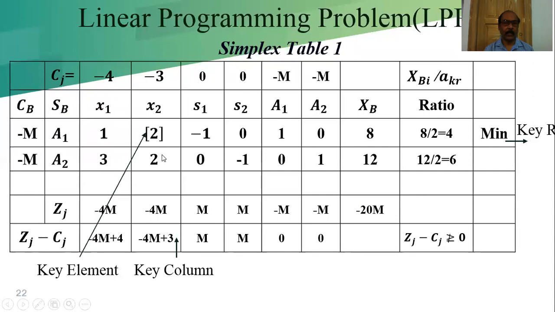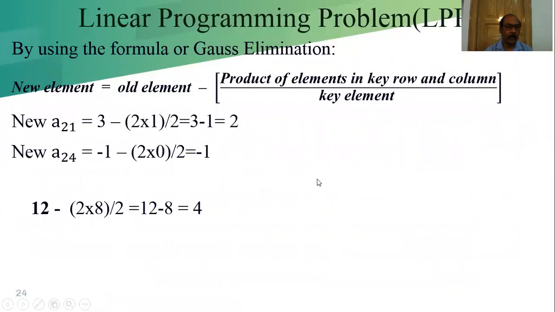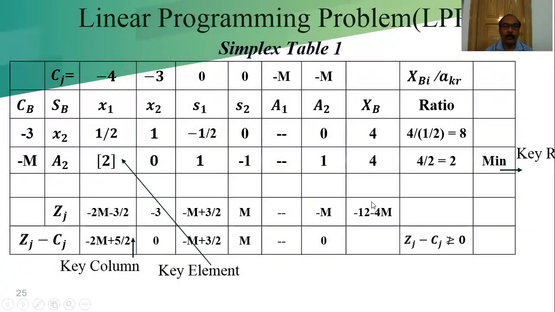The corresponding element in the key column is 2, and the corresponding element in the key row is 8. So 2 into 8 divided by 2 becomes 8. So 12 minus 8 becomes 4. I thought it was copied from the previous problem, but no, it is okay. Now move to the next table.